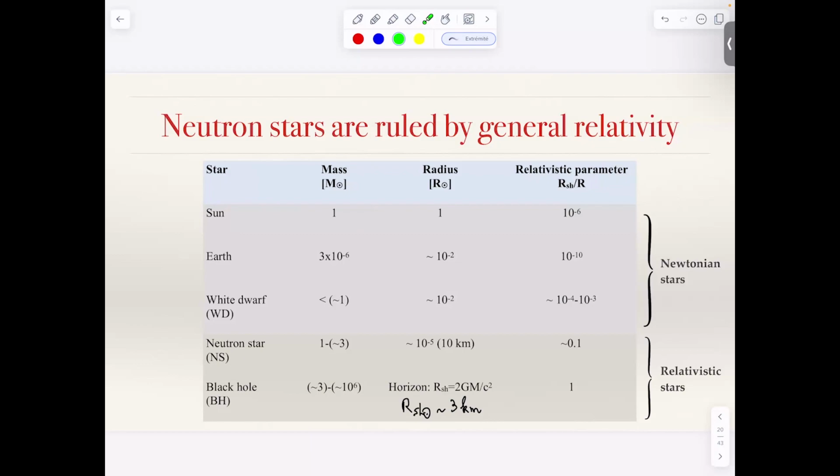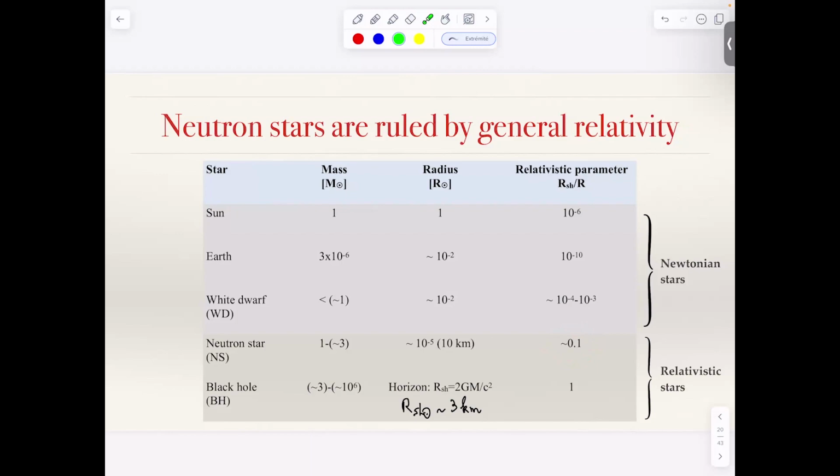And indeed, for the Sun, for the Earth, and for the white dwarf, this ratio is extremely small. But for neutron stars, it is not very far from 1: 0.1, 0.2, maybe larger, depending on the mass of the neutron star. But this explains why, if we want to describe neutron stars, we need to solve the general relativistic equations.